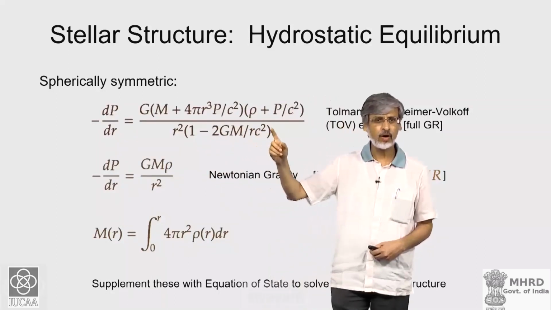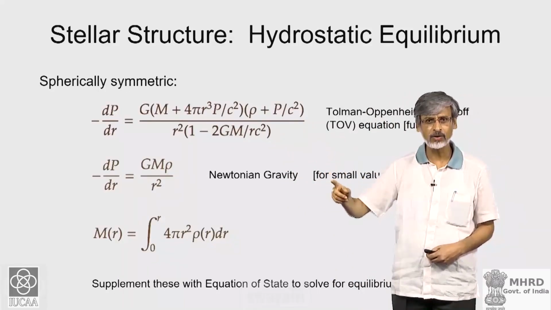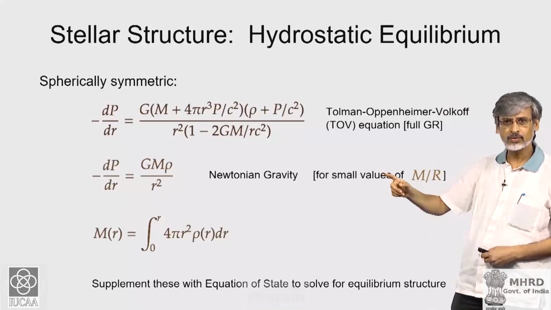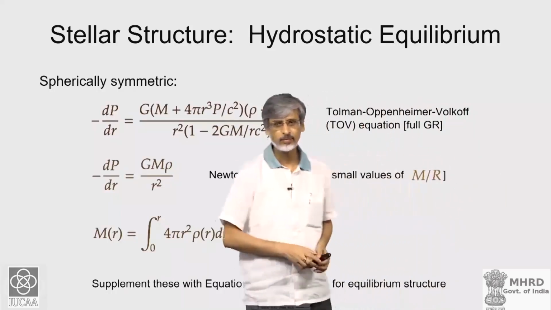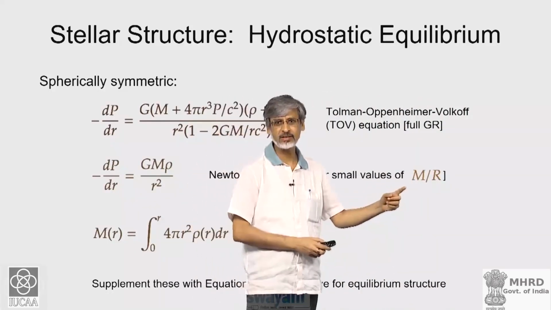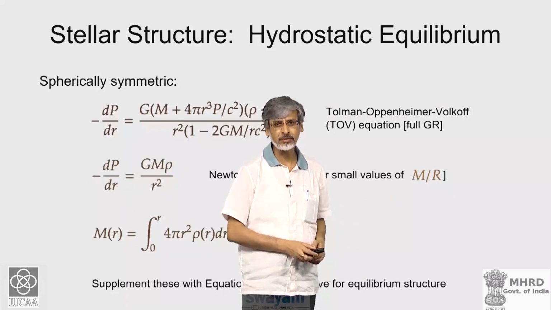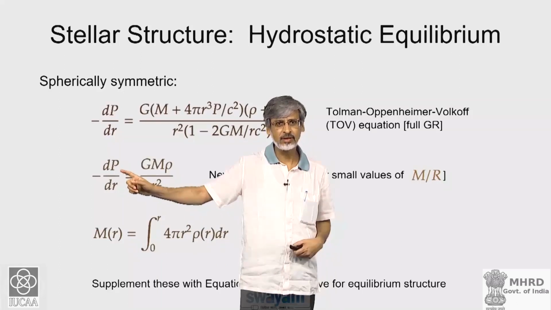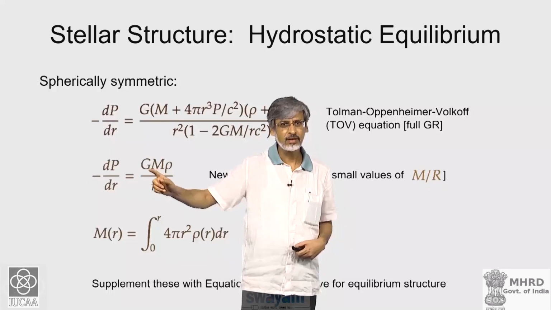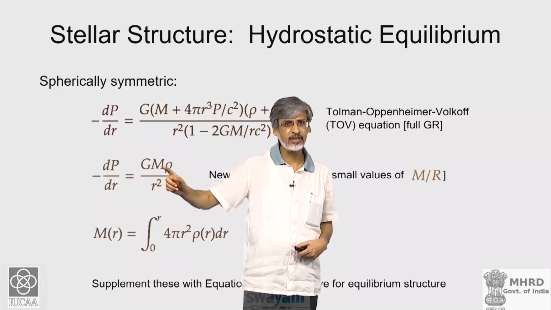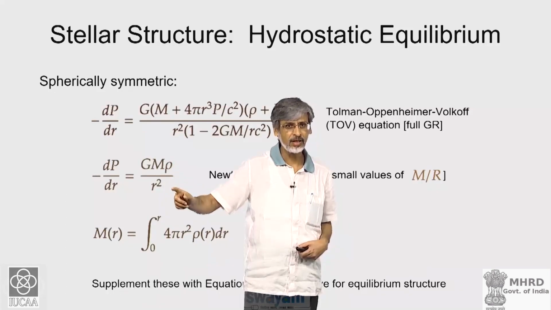If the object happens to be fairly large, in the sense the compactness happens to be small, or if the value of mass over radius, as we see here, is small, then this equation can be approximated to the equation written here, where the pressure gradient is just the gravitational constant times the mass within a radius r, times the density at radius r, divided by the square of the radius.